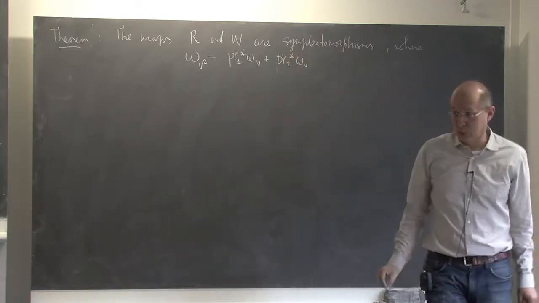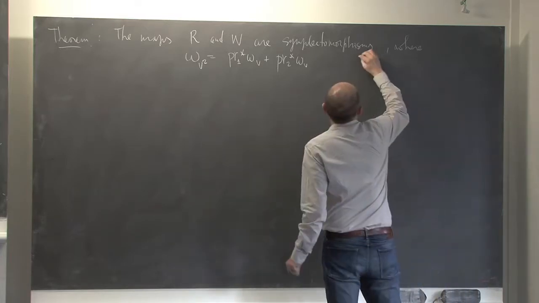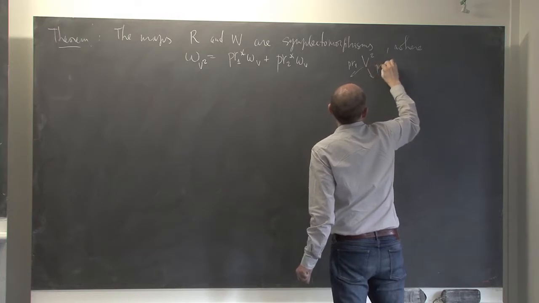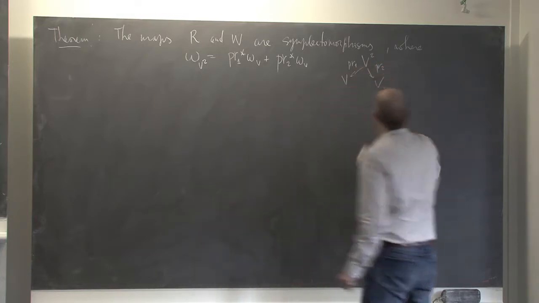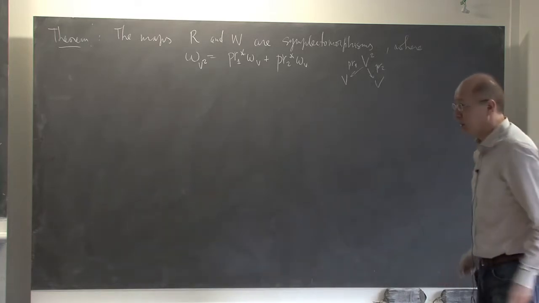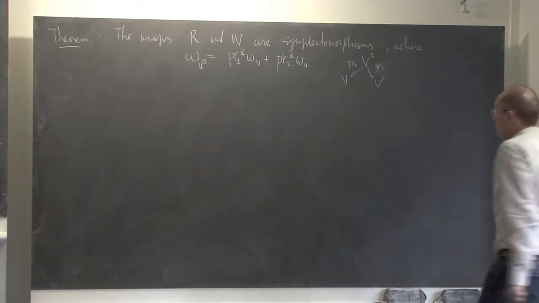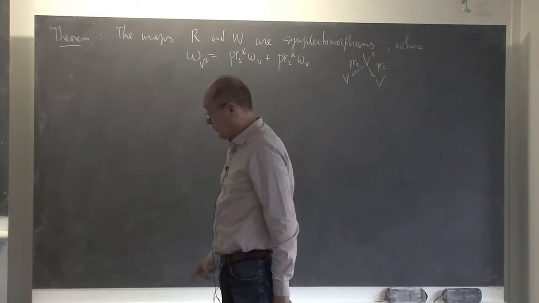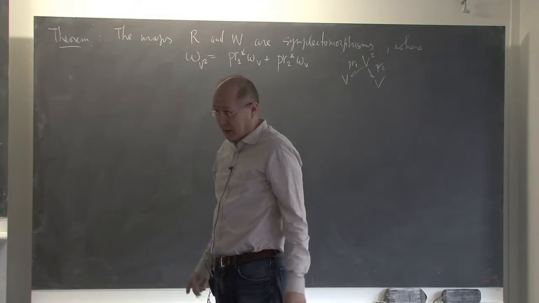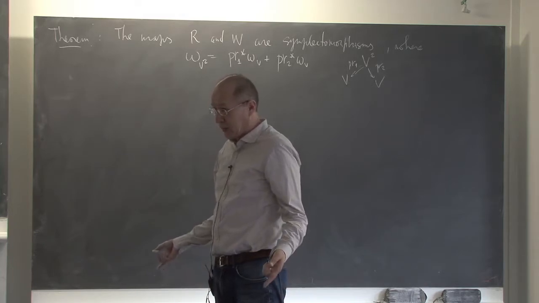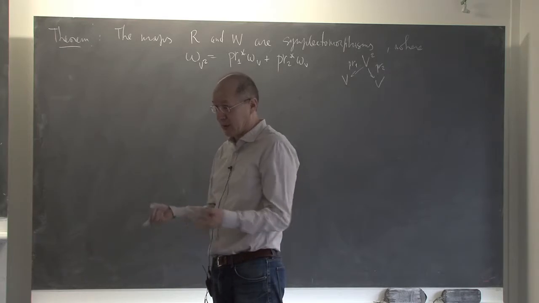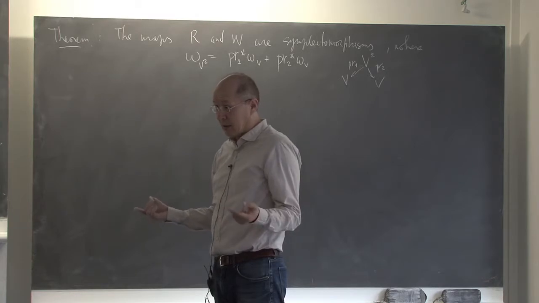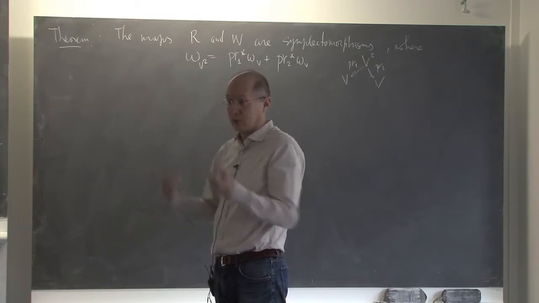We have two projections, projection 1, projection 2, to two components in the Cartesian square. So on V, we have written the symplectic form omega V, and we interpret the product of two symplectic spaces as a symplectic space by pulling back the symplectic structures on the components to the product.